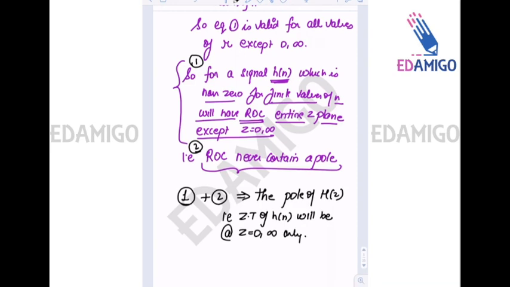It cannot be at a finite location. This is a very important conclusion for FIR filters: the poles will be only at 0 or infinity or both, and no finite valued pole will exist.